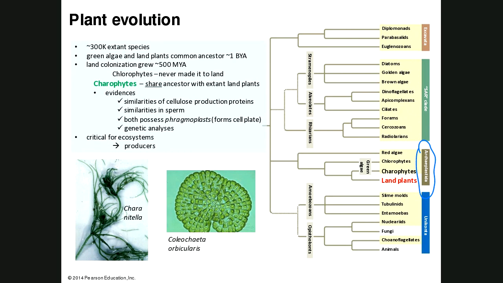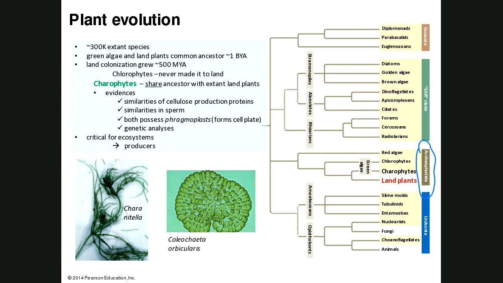But a very closely related group called the charophytes, and there's a couple of charophytes down below. So charophytes still exist today. Remember, by now, I hope I've dispelled this idea that evolution works in this ladder kind of thing, right? Just because charophytes were the ancestor of land plants doesn't mean that the charophytes died off completely and then there are land plants.